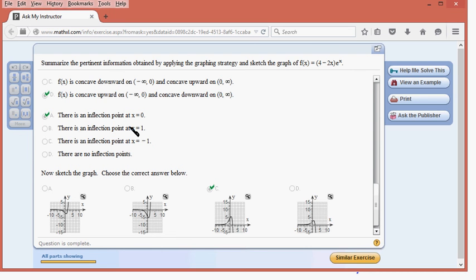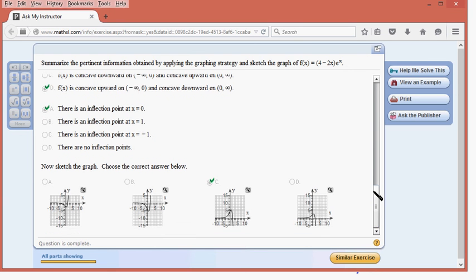Now we can sketch the graph. You can see that it was increasing before 1 and decreasing after 1, so this is not following that pattern, and B does not follow that pattern either. So it's going to be either C or D. Then we can look at the increasing and decreasing behavior and the concavity.